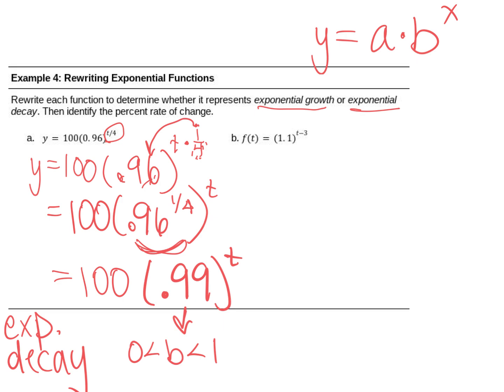And your percent of increase or decrease. To do that, remember way back in the beginning, right here, in this case, we know it's decay because that's a decimal. So I can change that. Inside, to get that, what they did is they went 1 minus r, and they got 0.99.